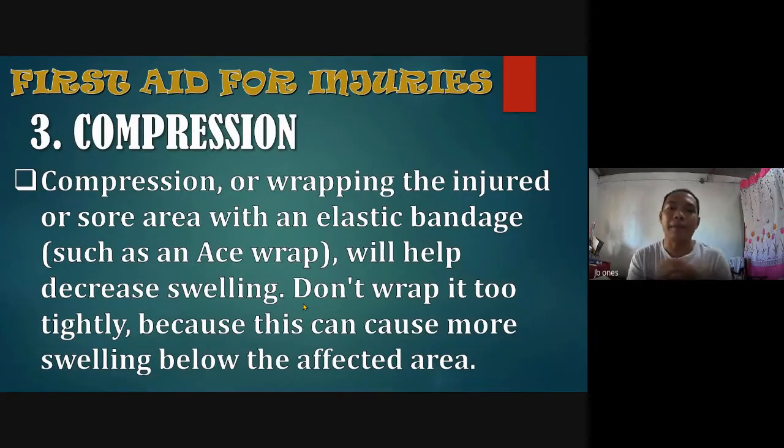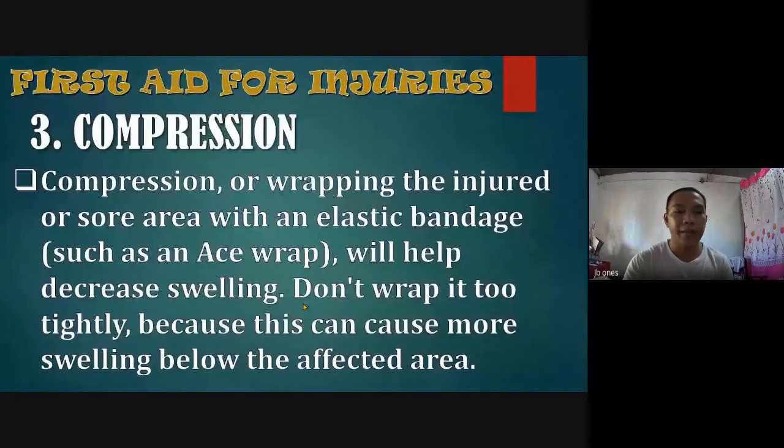So the wrap on your injured part should be just right. That is connected: rest, ice and heat, then compression.